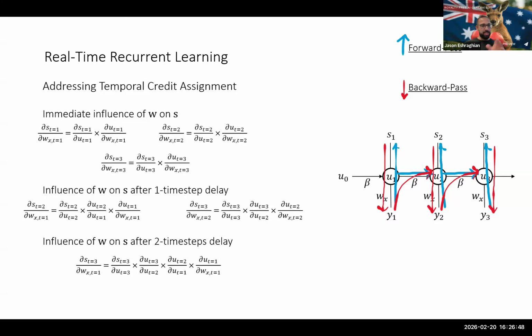Okay. With respect to this final bottom equation, that first term, this guy, is easy. That was calculated at the immediate influence step. The second term, the influence of membrane potential on another membrane potential, that's also relatively easy. That's just beta. Beta is accessible to you somewhere else.